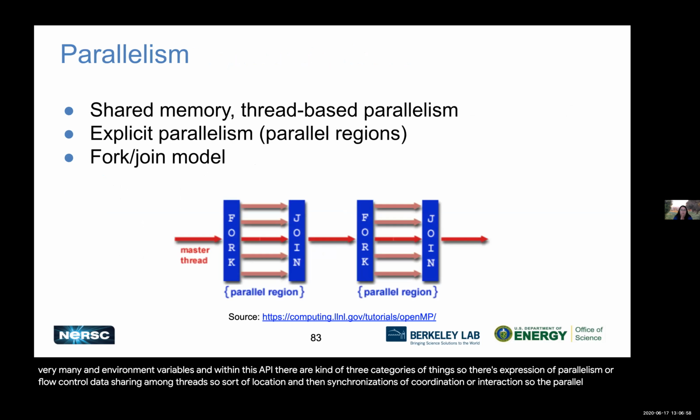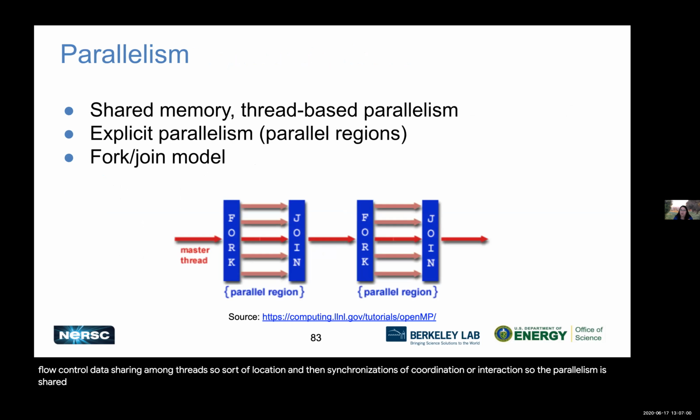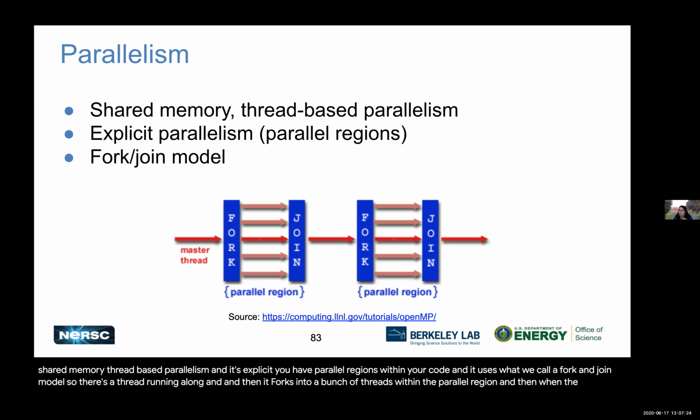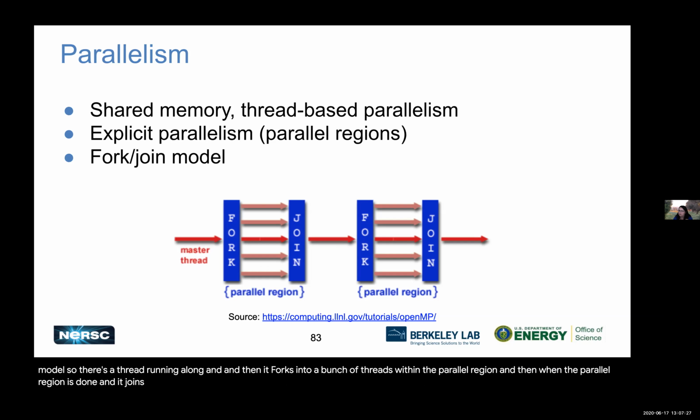The parallelism is shared memory thread-based parallelism, and it's explicit. You have parallel regions within your code, and it uses what we call a fork and join model. There's a thread running along, and then it forks into a bunch of threads within the parallel region. And then when the parallel region is done, it joins back into a single thread. And then it does that again if you have another parallel region. That's the structure of how it works.